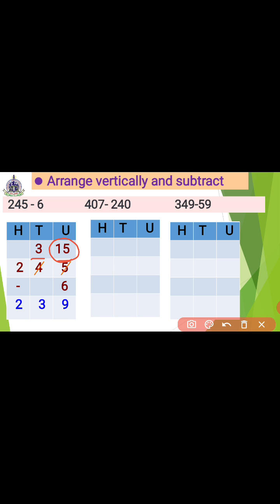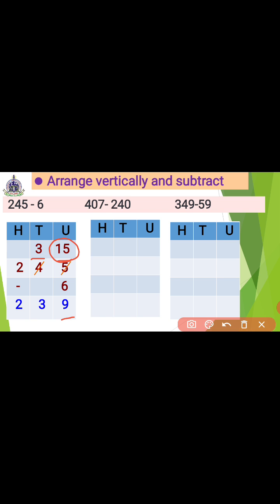So 15 minus 6 is equal to 9. And here we can see nothing is there on the bottom side of these two numbers in tens and hundreds home. So we will write these numbers as it is, like 3 will come as it is and 2 will also come down as it is.